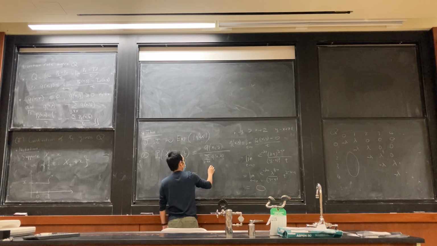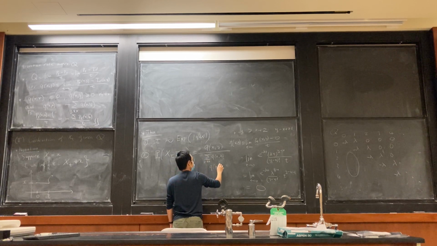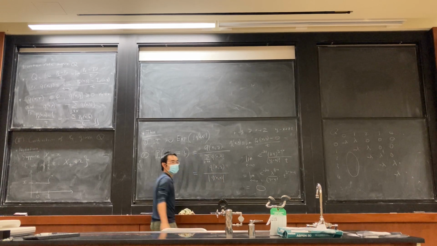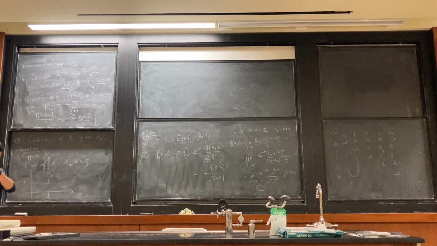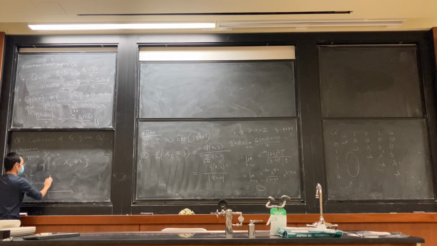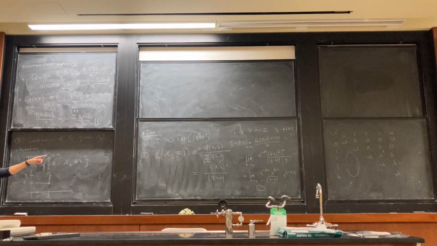And if you remember, that sum is just the absolute value of Q_xx. So once I want to jump, I pick a location y and jump to y with exactly that probability.